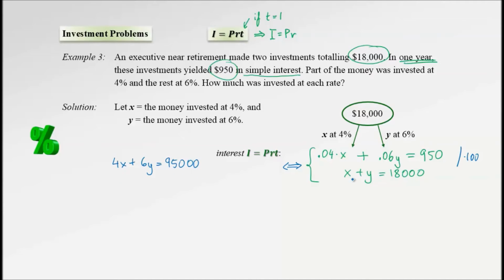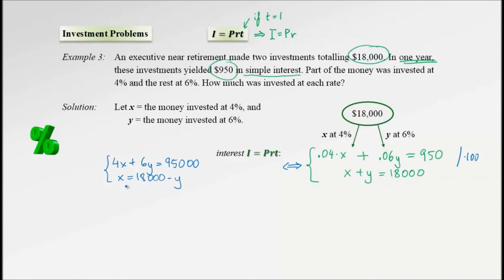Second equation we can rewrite as it is, or in the meantime we can solve for one of the variables. For example, if I solve for x, I can write x equals 18,000 minus y, and then solve this system of equations instead. So now I will use substitution.